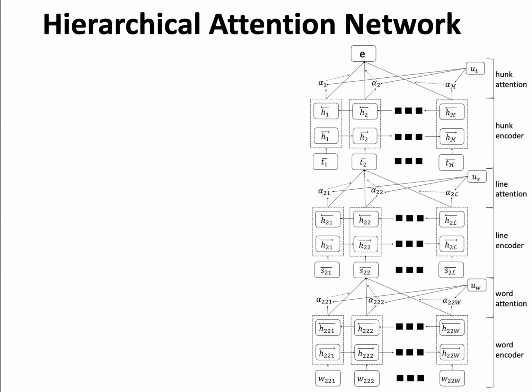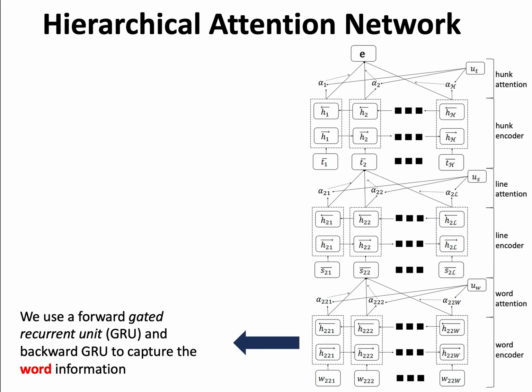So here is the hierarchical attention network used to extract the features from the removed code or the edited code. Our hierarchical attention network includes a word sequence encoder, a word level attention, a line encoder, a line level attention, a hunk sequence encoder, and a hunk attention. In the word encoder, we use a forward and a backward gated recurrent unit to capture the word information.